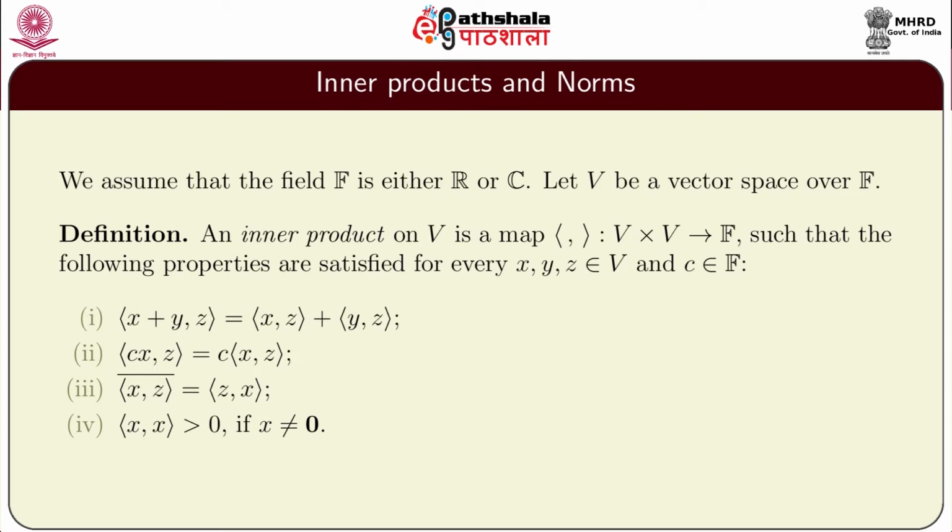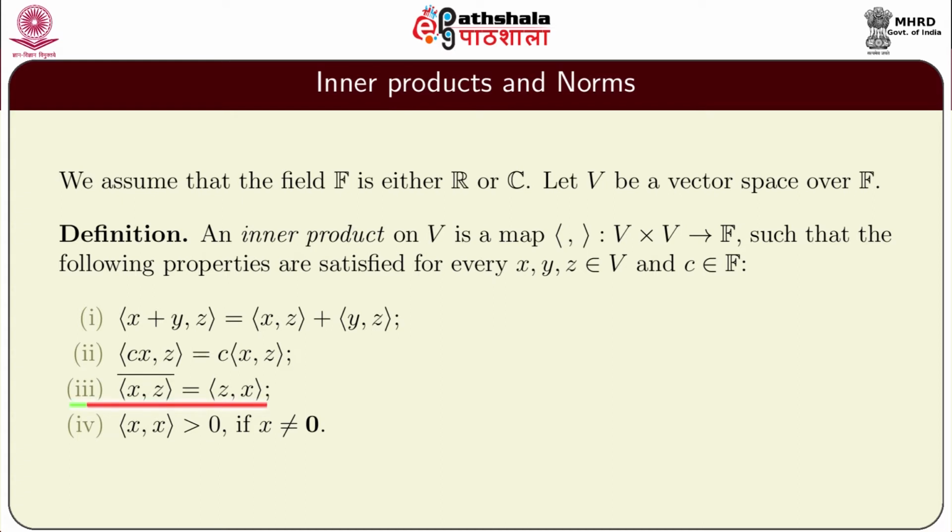So, for every x, y, z in V and scalar c, the first property says that the inner product of x plus y comma z is inner product x comma z plus inner product y comma z. The second one says that the inner product of cx comma z is c times the inner product x comma z.